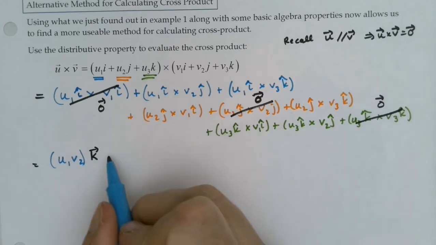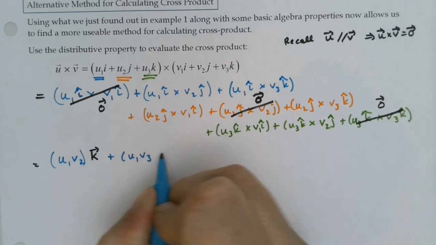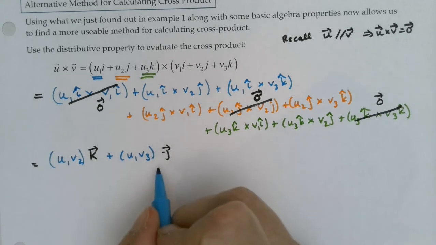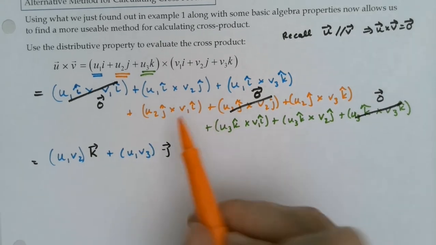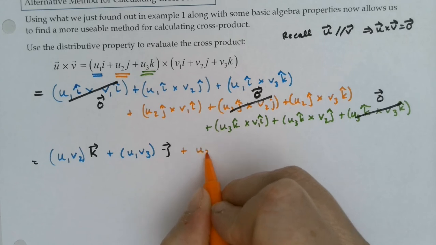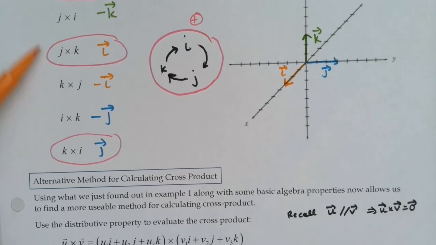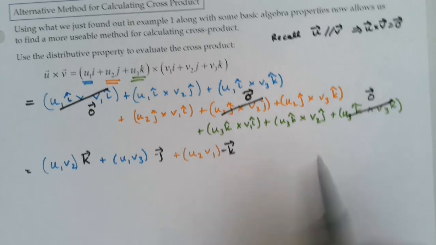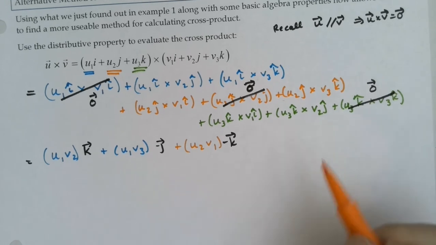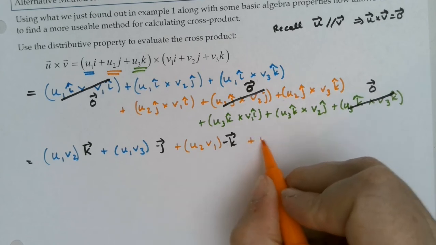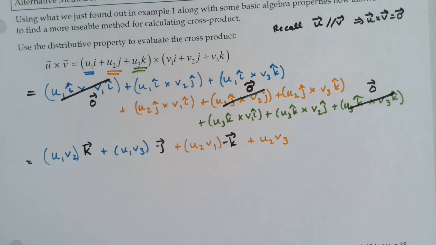So plus u1 v3 times the negative j vector. All right, then what about the orange ones? j crossed with i leads to negative k, so that's plus u2 v1 times the negative k vector. And then u2 v3: j crossed with k leads to i, so that's plus u2 v3 times the i vector.